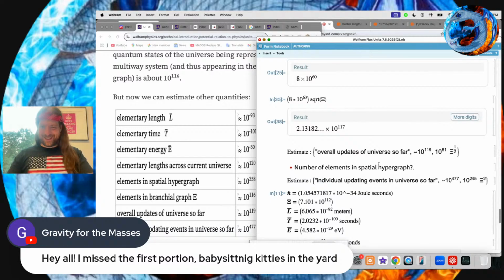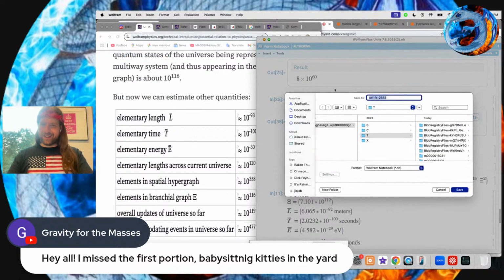Okay, how about this? Individual updating events in the universe so far, no idea. Okay, so file, save as. See, it just changed the name. Wolfram. Flux units.